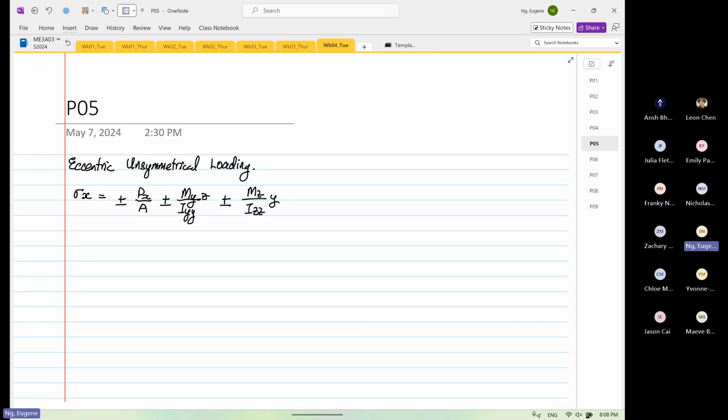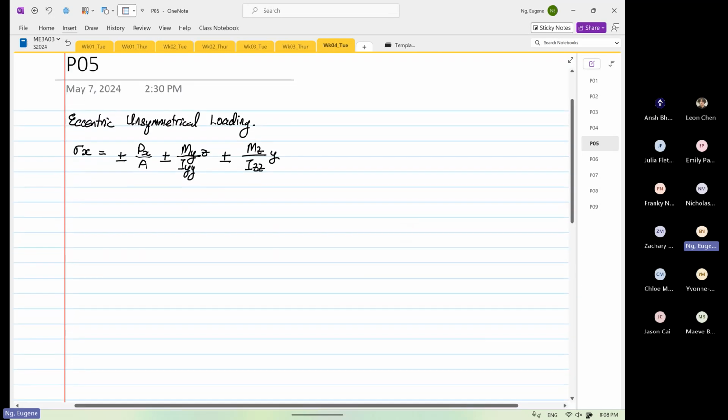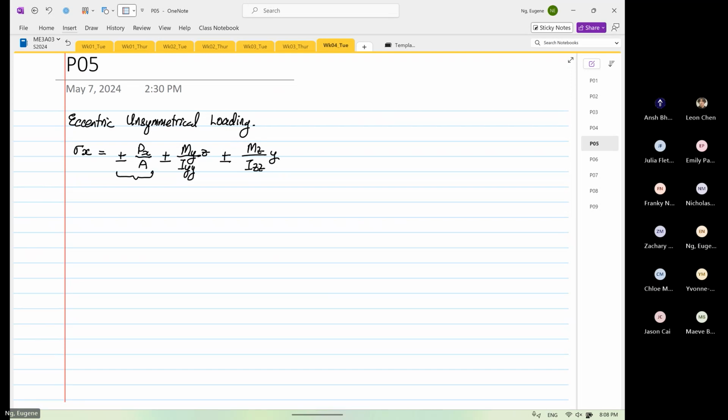So a loading of this sort, how does it actually look like physically? Okay, but before I go on, what is the difference? This Px over A is the axial load, right? And the axial load is not equal to 0.